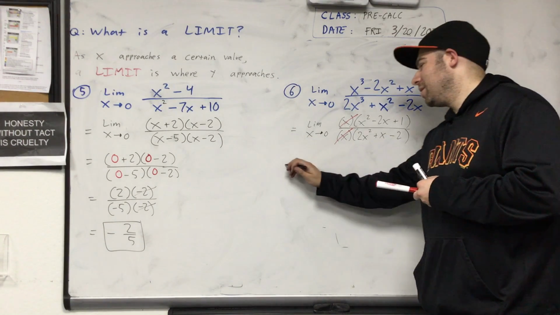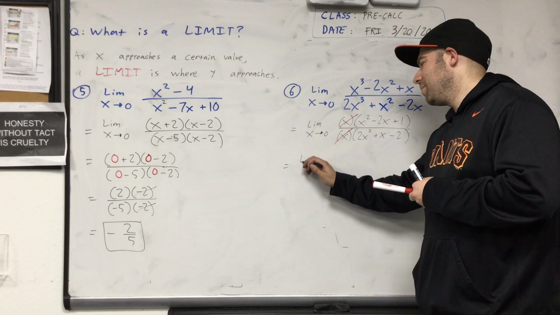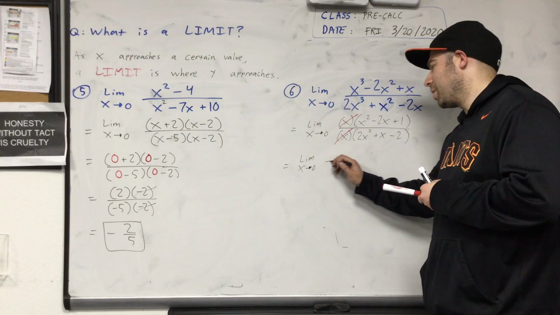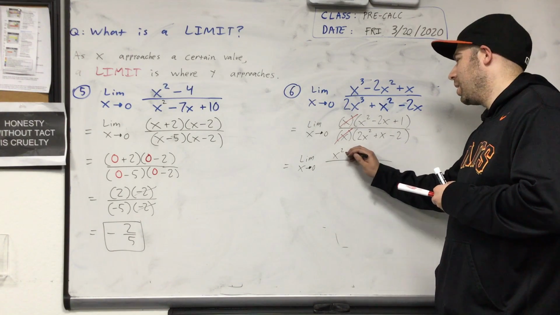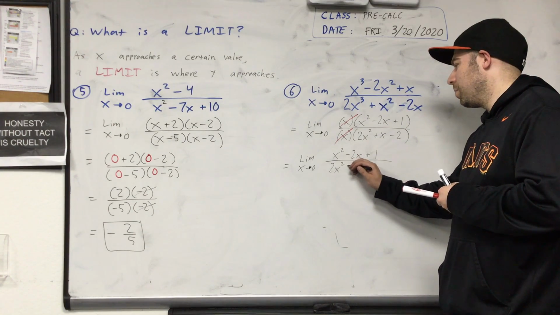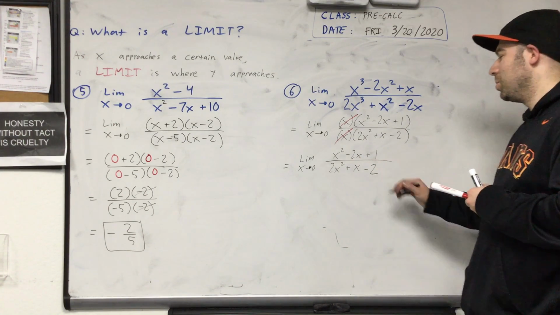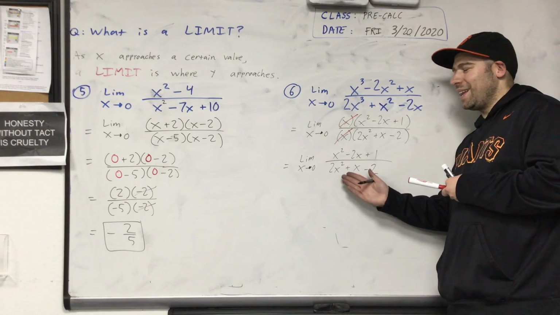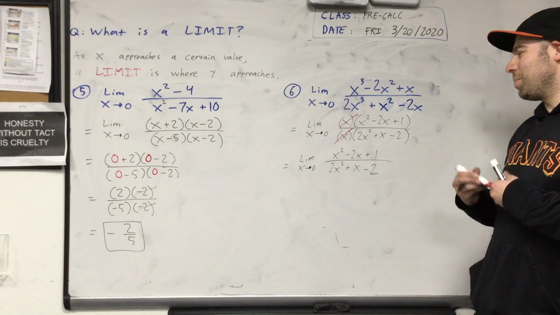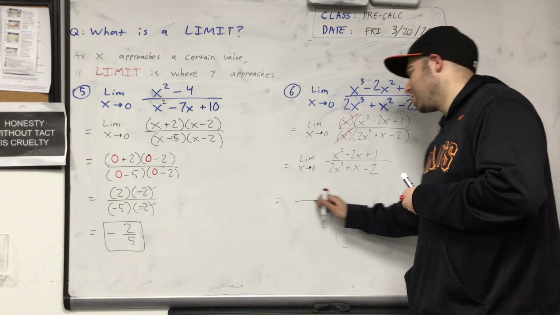But now, you know what? Limit as x approaches 0. Let's think critically about this. We get x squared minus 2x plus 1 over 2x squared plus x minus 2. Am I going to get 0 over 0 here? No. So I'm just literally going to plug in x equals 0.